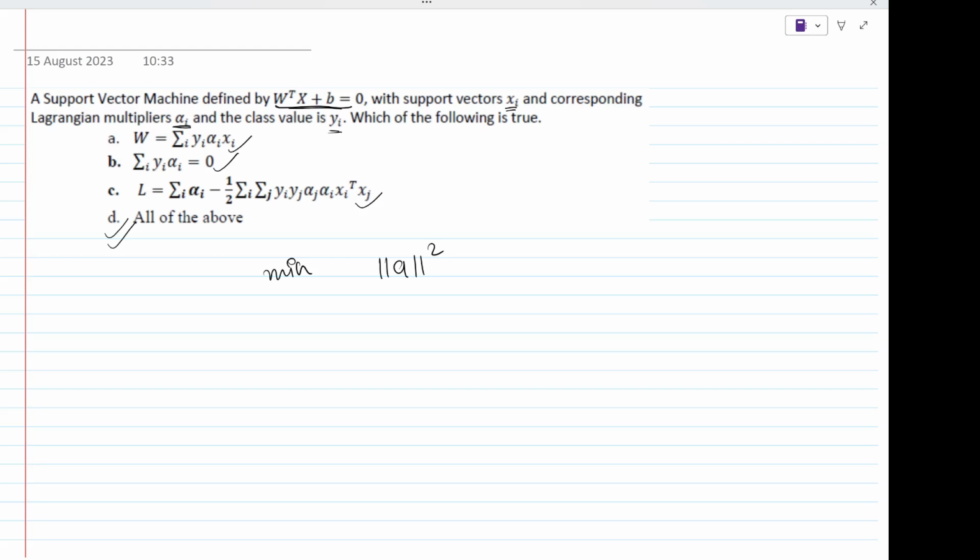For the sake of simplicity in computation, you equivalently minimize half of W squared, and there is a constraint that W transpose xi plus B times yi should be greater than or equal to 1, for all i in your data set.